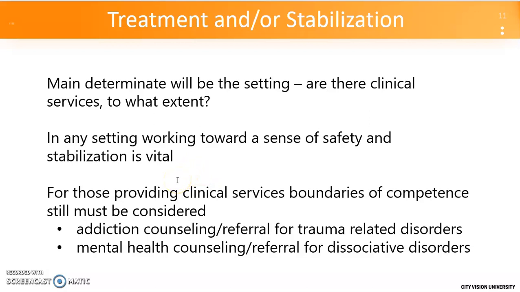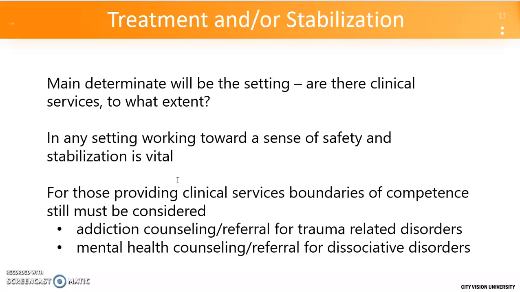So in many settings, there will be at least some case management. So that would be a level of clinical services. And really, case management is all about the aspect of stabilization. So there's a lot of work done in that aspect when we are taking care of case management needs of the individuals. Then there may be some facilities that have addiction counseling, for example, but maybe not treatment for other mental health conditions.